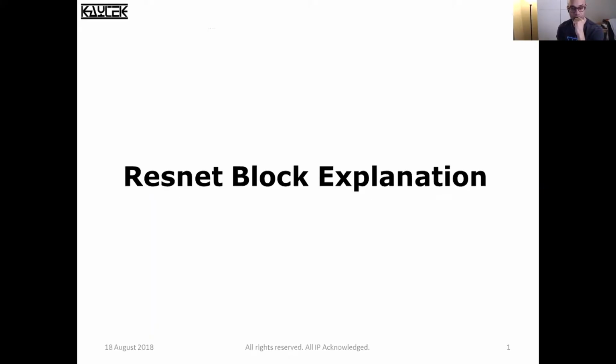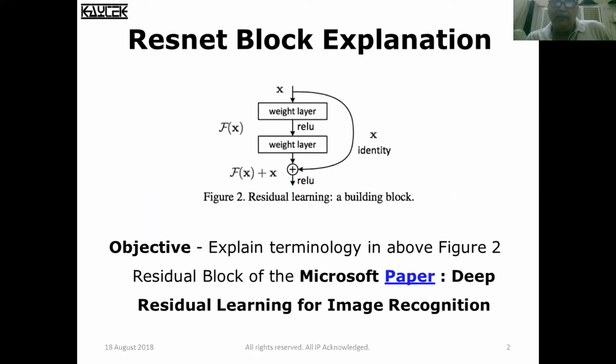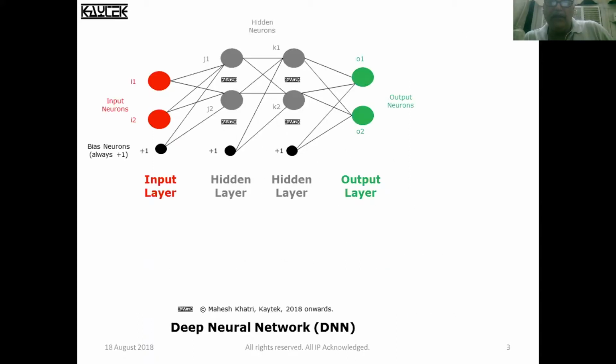Yes. Essentially, as I was saying, I was having difficulty understanding the presentation which was given on this. I couldn't wrap my head around this particular diagram in the paper. So I dug deep into it, and started off by writing down my basic terminology of the different layers: the input neurons, the hidden neurons, and the output neurons.